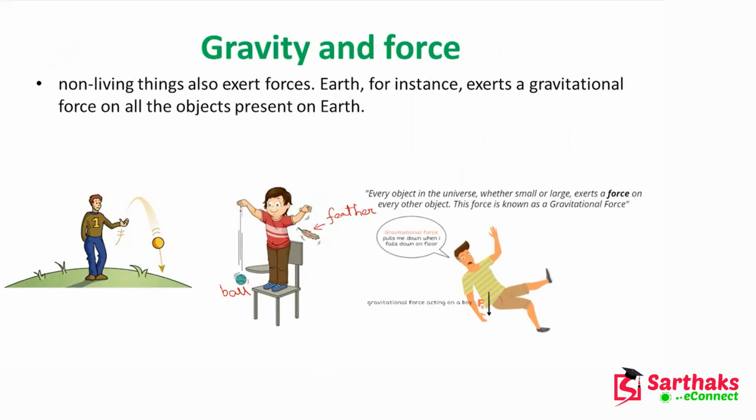He is throwing the ball and the feather at approximately the same height. The ball is attracted by the gravitational force, and it will fall. If you observe this picture very carefully, you can see one thing: the feather is in this position and the ball is in this position.